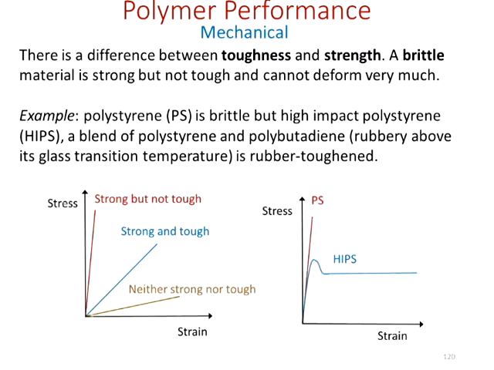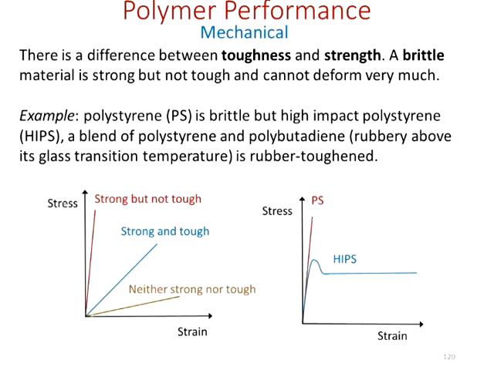One that's neither strong nor tough would have a very low slope. Okay, so a very strong but not tough, high slope. Strong and tough, okay, would have a slope right about the 45, and neither strong nor tough would have a very low slope.